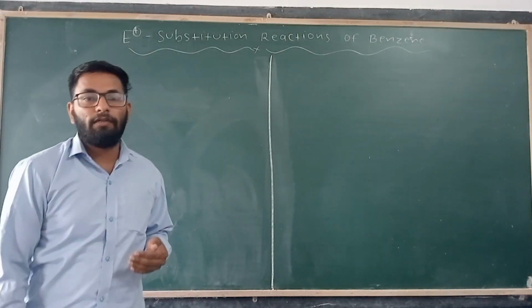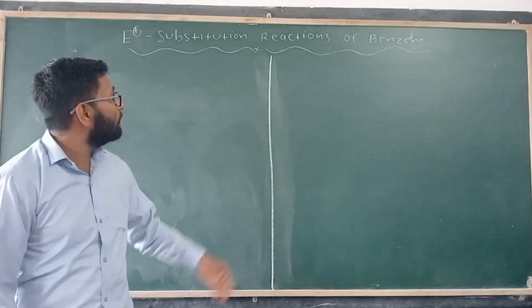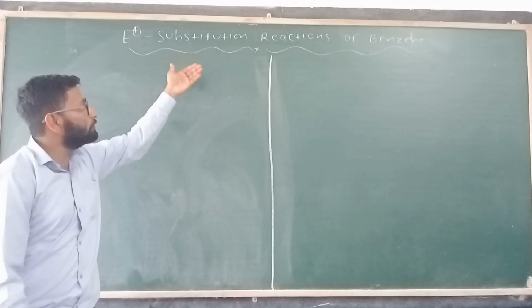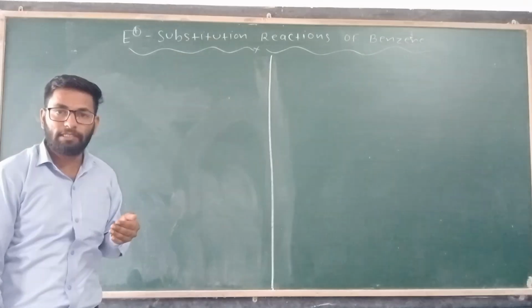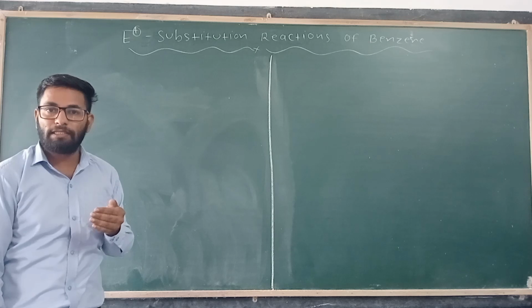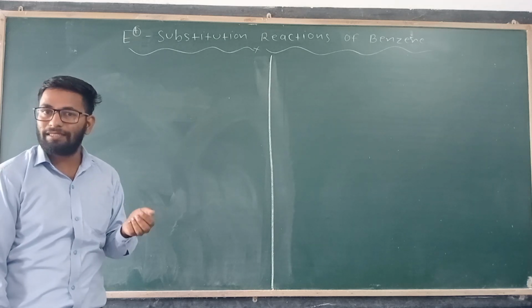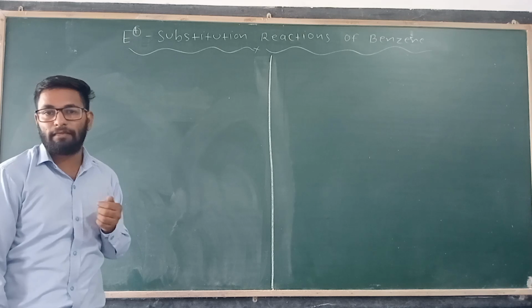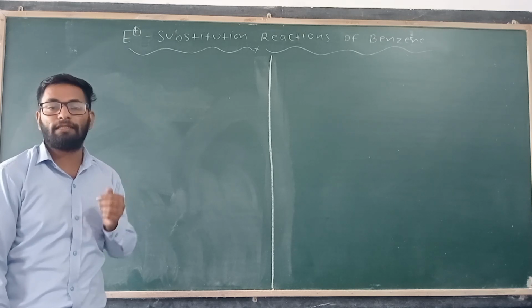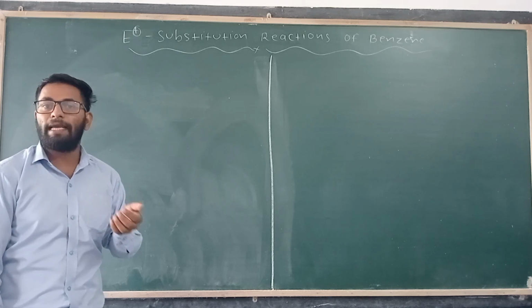Good morning, students. Today we are going to discuss electrophilic substitution reactions of benzene. For example, halogenation of benzene, sulfonation of benzene, nitration of benzene, and Friedel-Crafts alkylation and Friedel-Crafts acylation of benzene with mechanism.